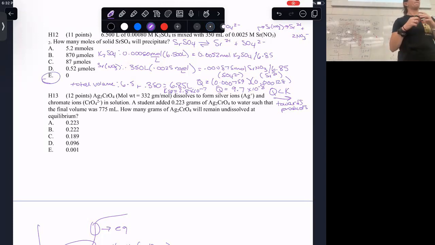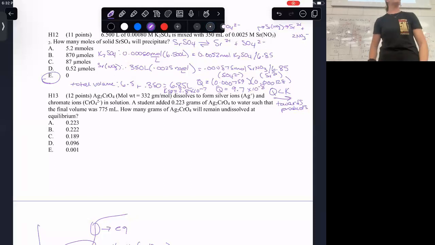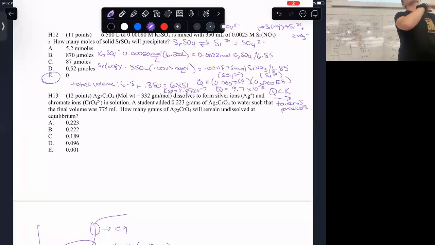Wait, but let's say it's not that, you would have to do the whole process. Yeah, you would have to use KSP to find solubility and then subtract out your concentrations. Shouldn't we do that instead of the Q, because what if it's the other way around? For this one, we don't have to, because our Q is less than K. Since there are not enough ions in solution to reach equilibrium, we're going to produce more ions.